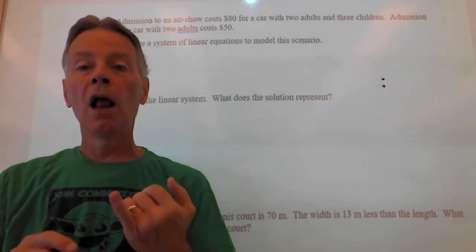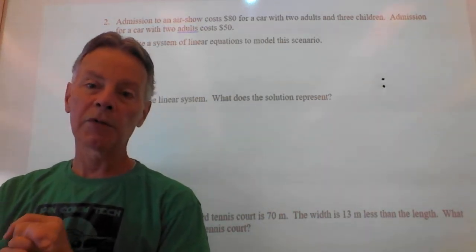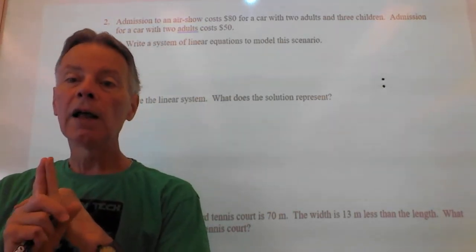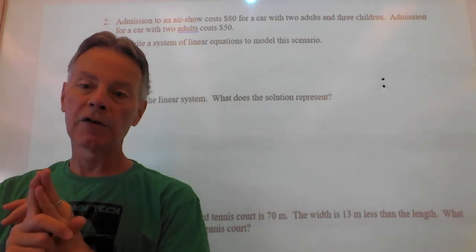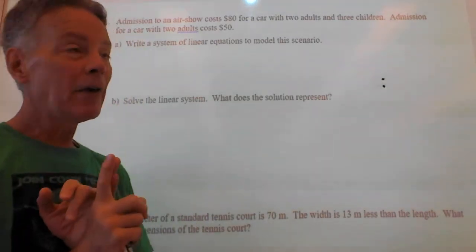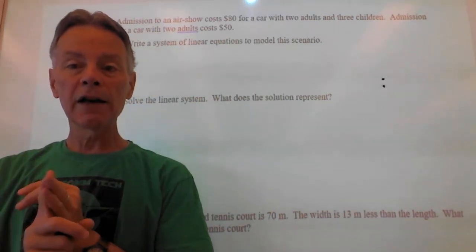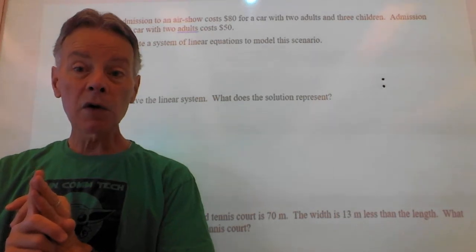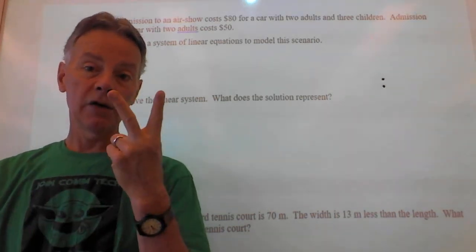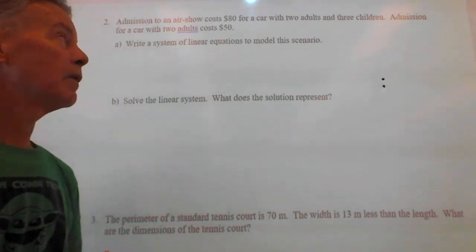So, as with all word problems, the first thing you need to do is make sure you have read and understood the problem. So, we will always have 2 variables, okay? We are going to create a system of equations. So you're going to have to create the 2 equations that you then solve, okay?